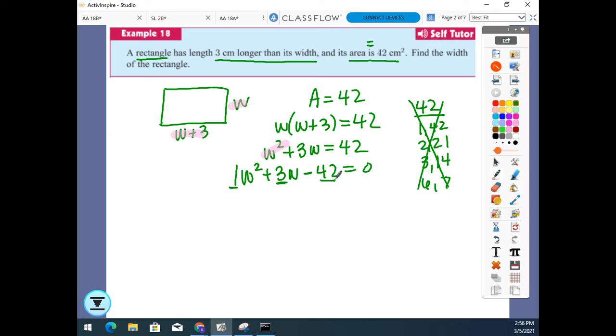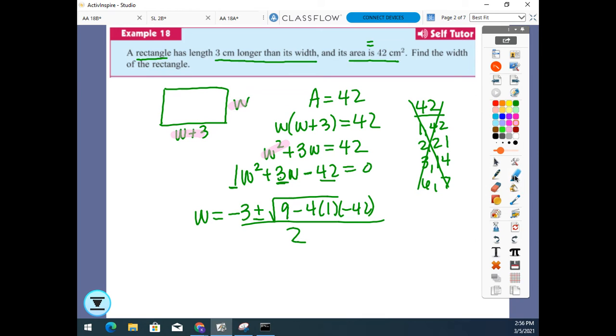Now, this time instead of saying X equals, I'm going to start with W because that's our variable. W equals opposite of B plus or minus square root of B squared minus 4AC all over 2A.